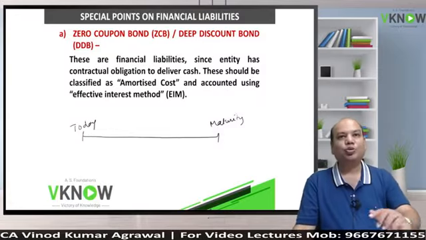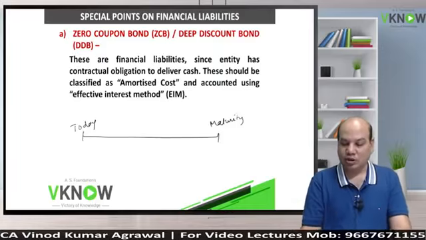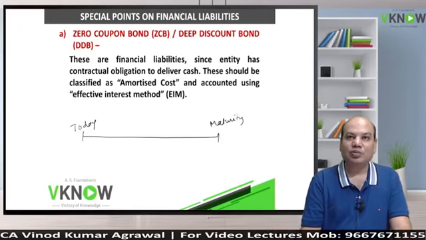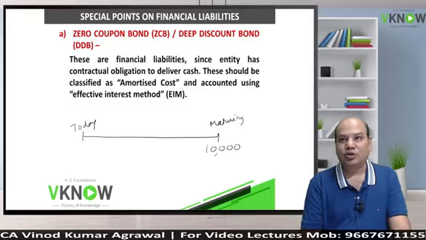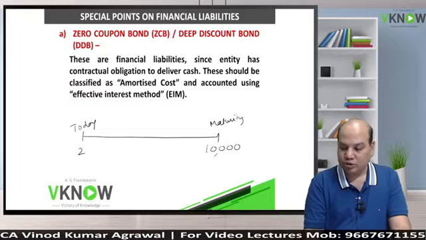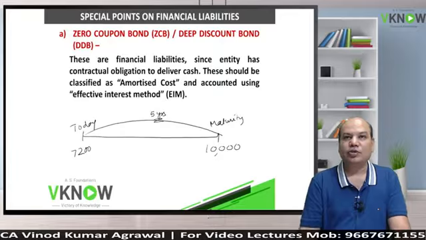They don't pay coupon periodically, but they are issued at a heavy discount. That is why they are also called deep discount bonds. The longer the maturity, the larger the discount. So face value is 10,000 on maturity, but issued today for 7,200 rupees, and you will get 10,000 rupees after 5 years.